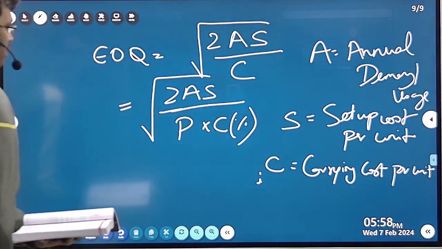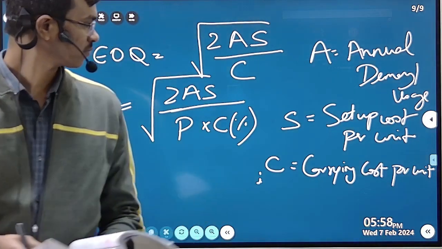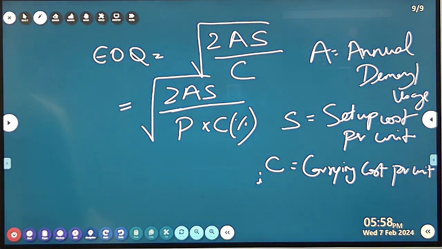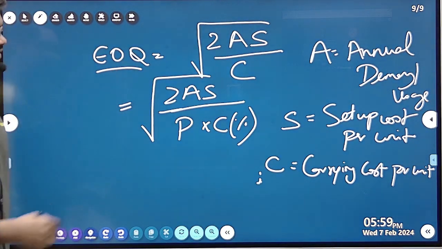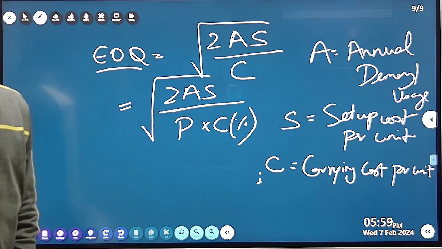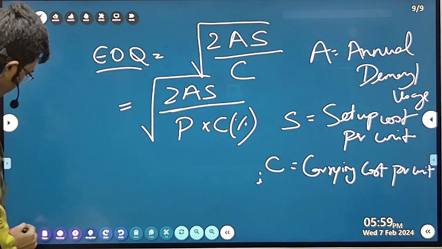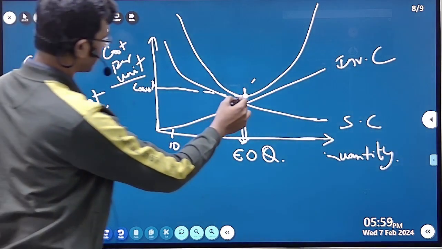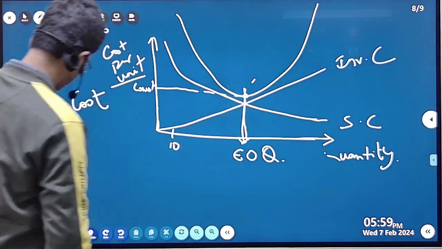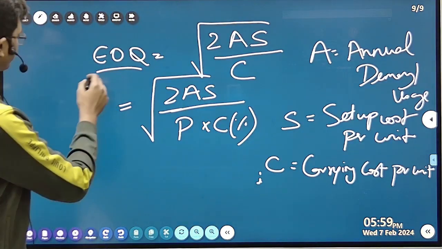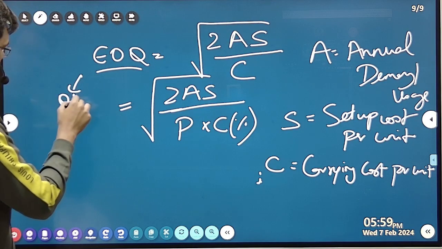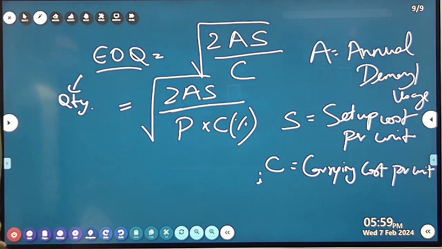This is your EOQ. So what will be the units of EOQ? It will be units, right? Number of items, because at this quantity, EOQ will be in the quantity, your number of units.